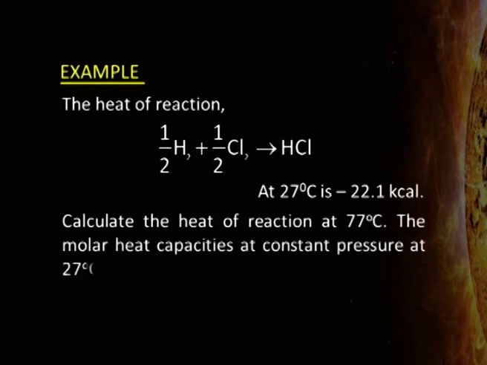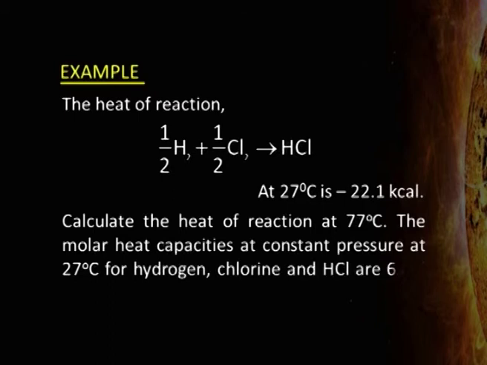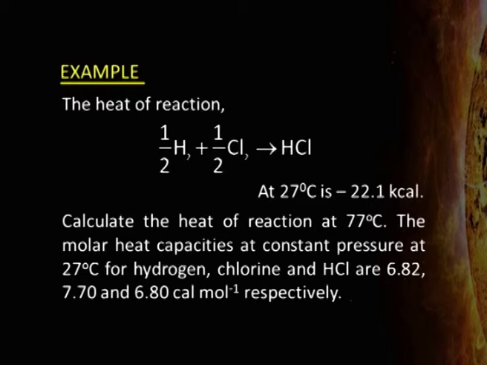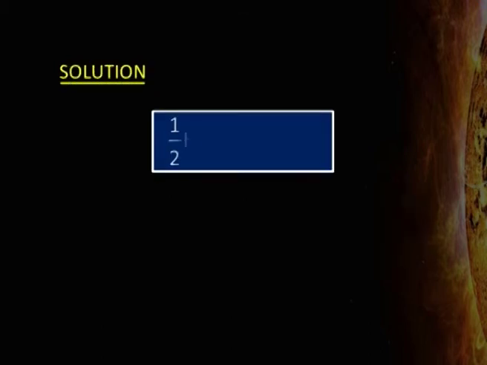The molar heat capacities at constant pressure at 27 degrees Celsius for hydrogen, chlorine and HCl are 6.82, 7.70 and 6.80 calories per mole respectively. Here the required equation is half H2 plus half Cl2 giving HCl. Delta H for this reaction is given as minus 22.1 kilocalories.